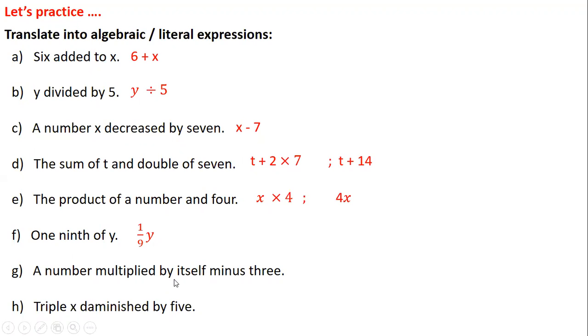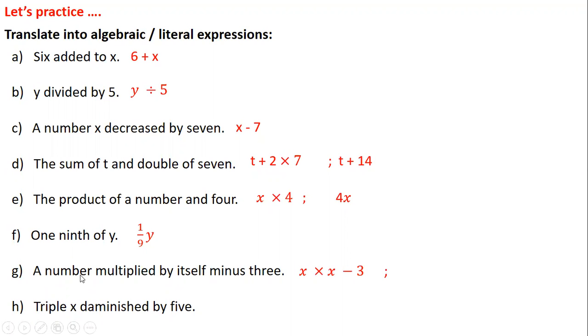What does multiplied by mean? Times. Itself. What does itself mean? What am I multiplying it by? Something else, or by itself? By itself. So I am multiplying the X by itself. It's like saying X times X minus 3. So I write X times X minus 3. So what do we mean by a number?